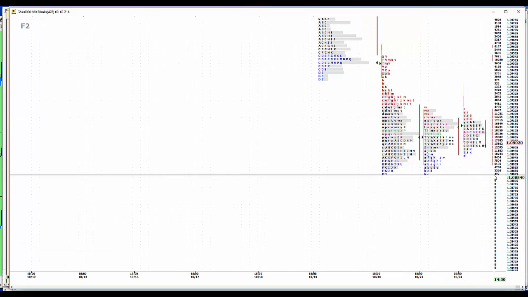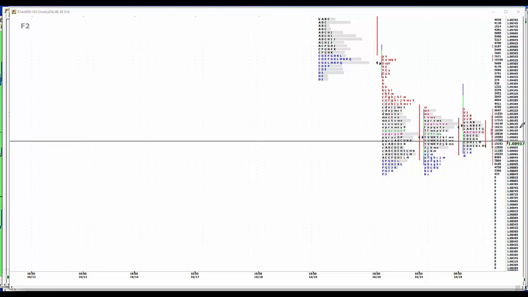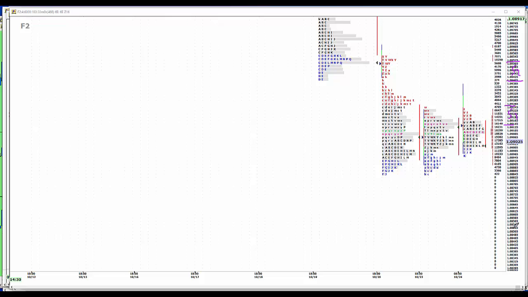Pretty square, but we're in a B, so 15 to 25, sell 1. 40 to 50, sell 2. Support is in the 75 to 80, maybe a little bit lower. 75 to 85 buy 1. And 50 buy 2.